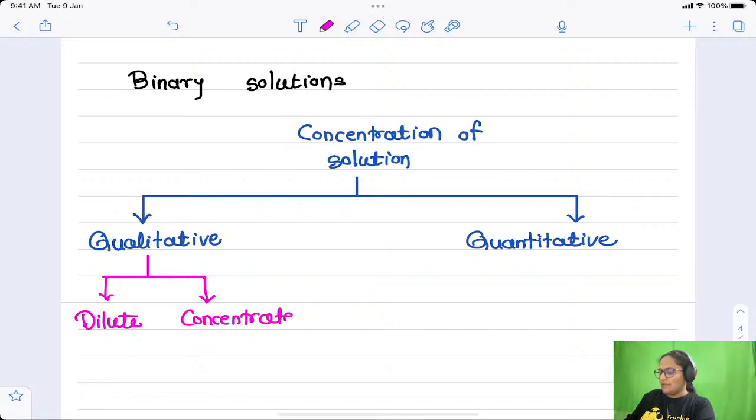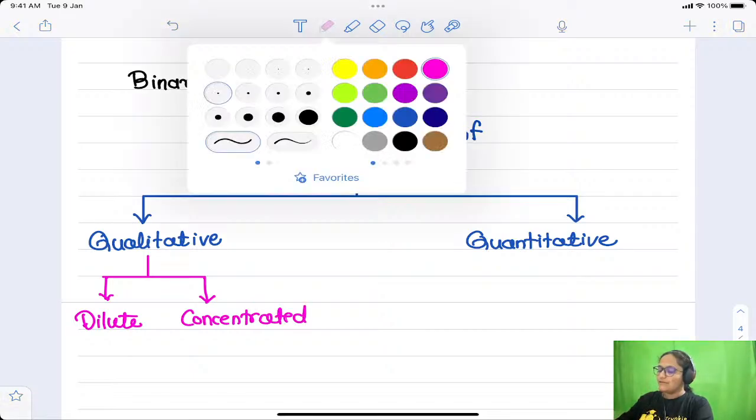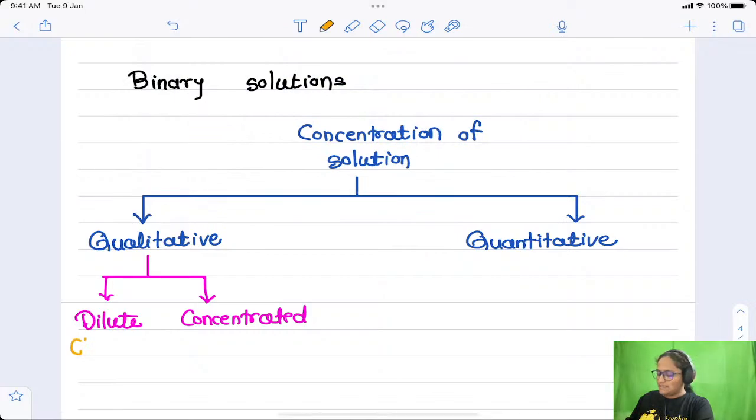What is the meaning of dilute and concentrated? In dilute solutions, a less amount of solute is present, whereas in concentrated solutions, more solute is present, right?